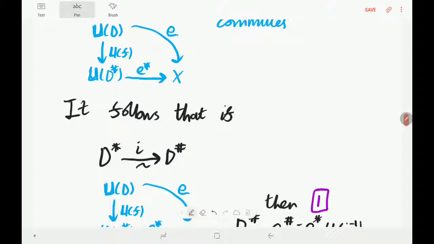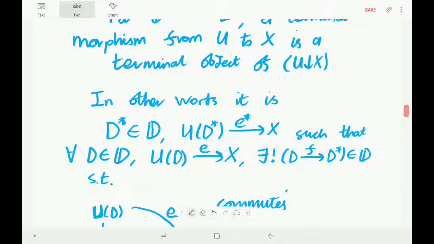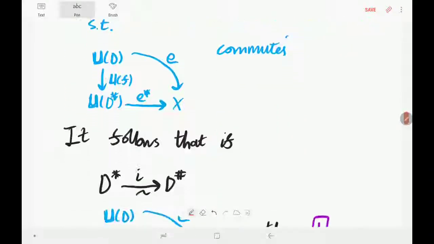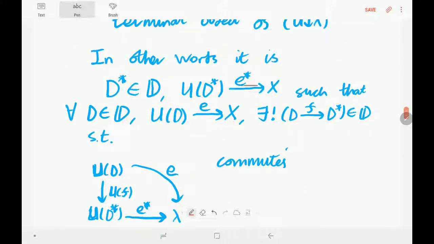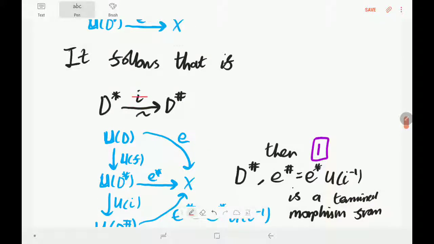Now, since we've reached this high level, we can prove a much more general analog of theorem 2.1, and it's as follows. Suppose we have a terminal object of U downwards arrow X, this terminal morphism from U to X, with object D star and arrow E star. Let's suppose there's an isomorphism I from D star to D hash.